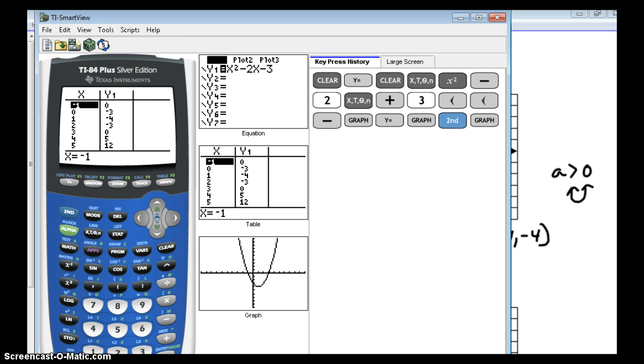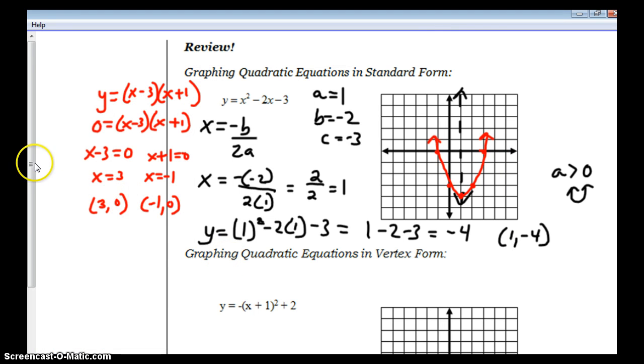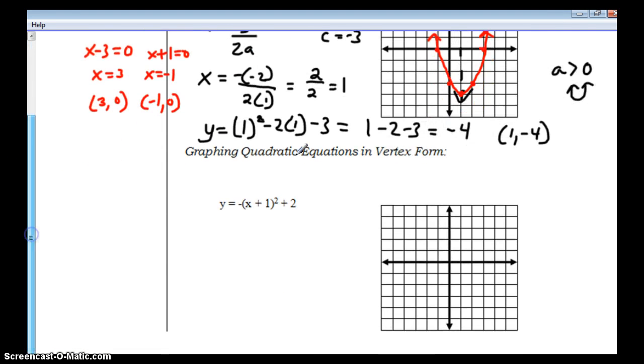Okay, our other parabola that we learned how to graph was in vertex form. Remember we have h, k, and a. Again, our equation of our quadratic is y equals a times (x minus h) squared plus k.